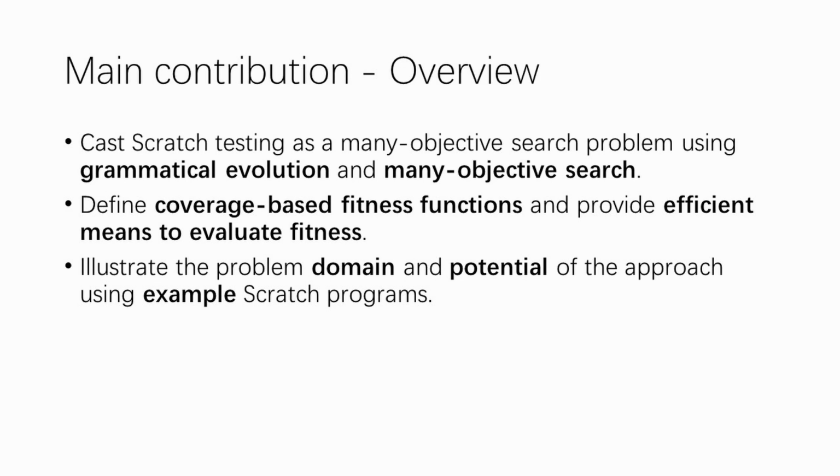Cast Scratch testing as a many-objective search problem, using grammatical evolution and many-objective search. 2. Define coverage-based fitness functions and provide efficient means to evaluate fitness. 3. Illustrate the problem domain and potential of the approach using example Scratch programs.